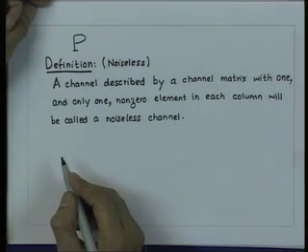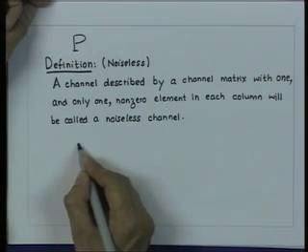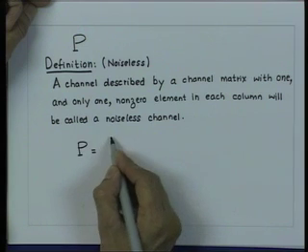An example of the channel matrix of a noiseless channel is given as P is equal to the matrix shown.